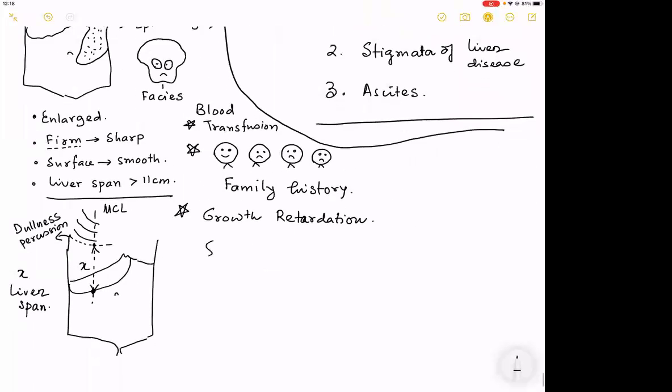Surgery questions. If you are given a patient with thalassemia, why is this patient admitted in surgery? Quick answers. Why is this patient admitted in surgery? Iron overload? Splenomegaly. Splenomegaly, so what?